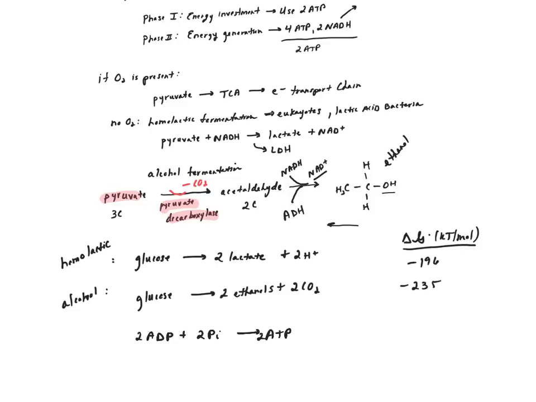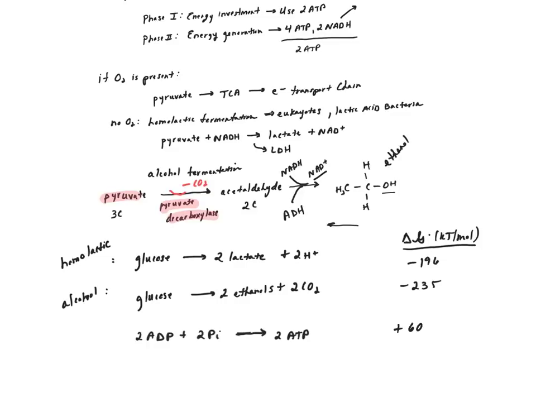How much do you think it costs? Each one costs about 30 kilojoules. Okay, so if 1 ATP costs 30 kilojoules, how much are 2 ATP going to cost? 60, right? So this reaction overall will be about a positive 60 kilojoules.